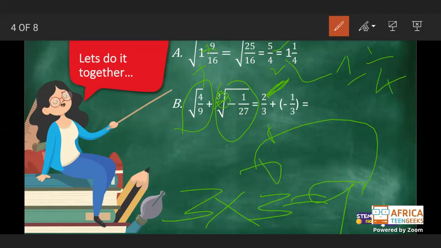So basically, we need to find a number that when we multiply it 3 times, it must give us 27. That particular number is 3. So when we multiply 3 times, it gives us 27. Why? Because of this power right here, to the power of 3.